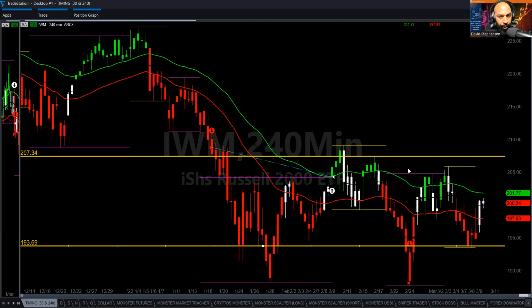What you have to keep in mind though, when it breaks out, either breaks support and goes short, or breaks resistance and goes long, then you can't trade this range anymore. That's where most traders get messed up.